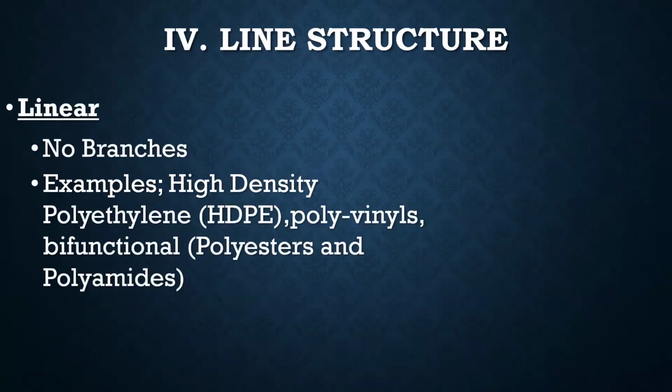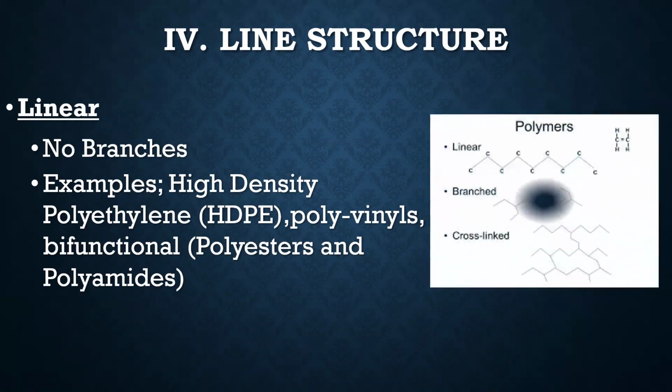Linear polymer is a polymer where there are no branches that come out from the backbone, like the high-density polyethylene, HDPE, polyvinyls, bifunctional polyesters, and polyamides. So it will be linear. No branches will emerge from the chain.